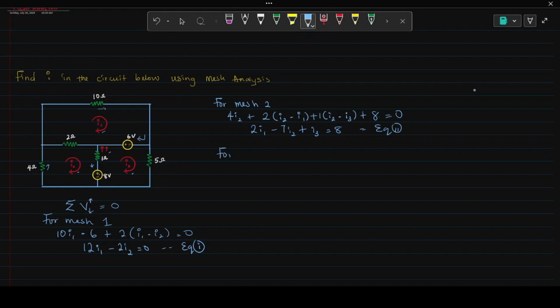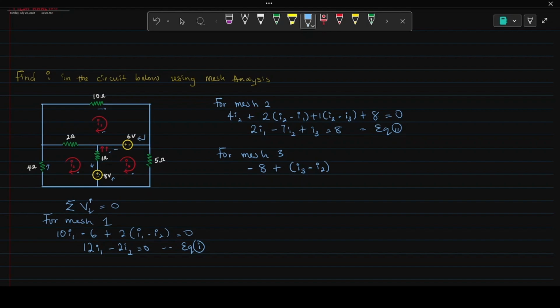Now, for the last loop, which is mesh 3, we're going to start with the 8 volts. I3 will enter the 8 volts. It will be negative 8 because it's entering the negative symbol first, plus the 1 ohm resistor has two currents passing through it, I3 and I2. Since I3 is what we're dealing with currently, write I3 minus I2.